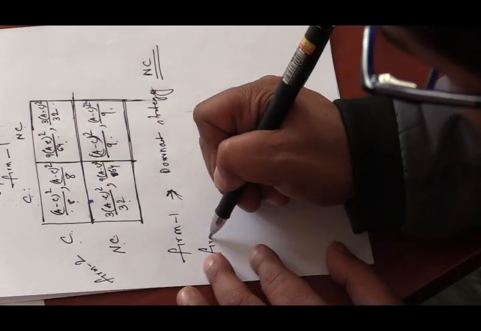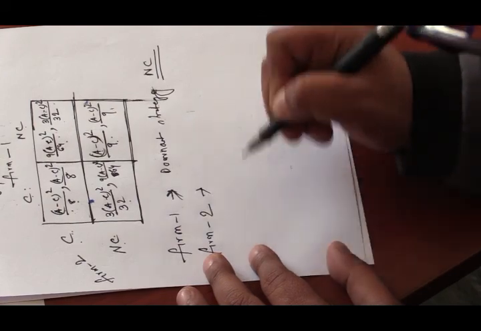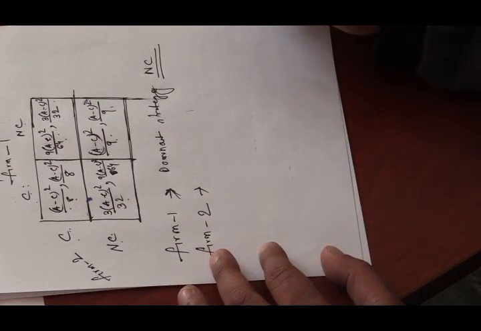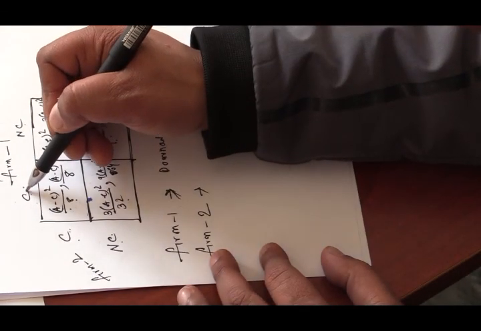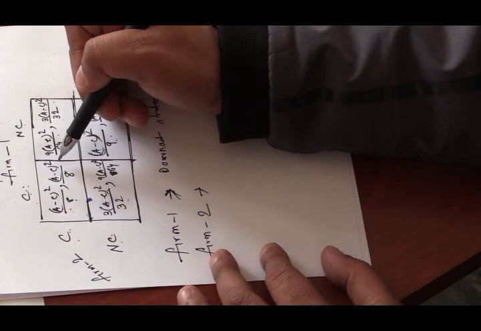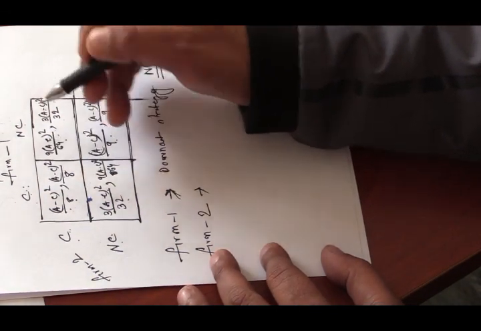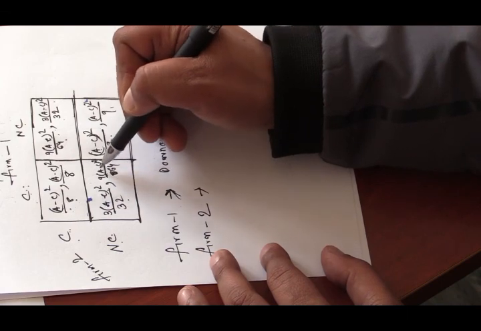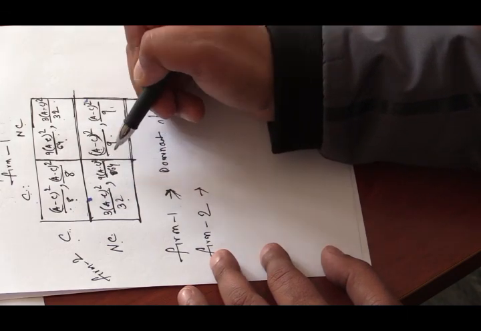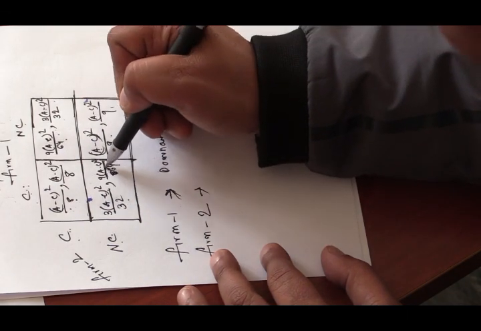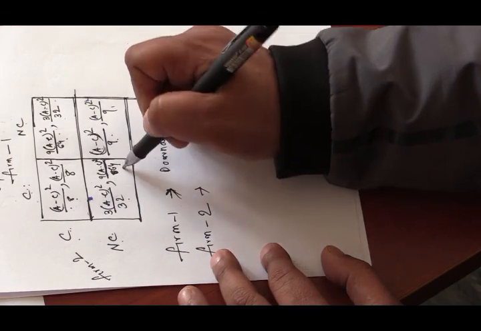Similarly, let us consider from the perspective of firm 2. If firm 1 cooperates, by cooperating, firm 2 will gain (a minus c) square by 8. By cheating, firm 2 will get 9 into (a minus c) square by 64. So by cheating, firm 2 will make more profit.